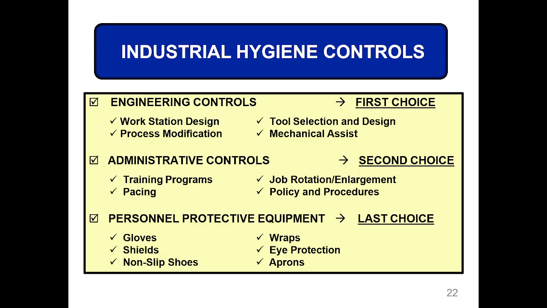Administrative controls: training programs, pacing, job rotation, enlargement, policy and procedures. This is the second choice. And then the personal protective equipment. We know that you're giving them PPE and everything. PPE is good.